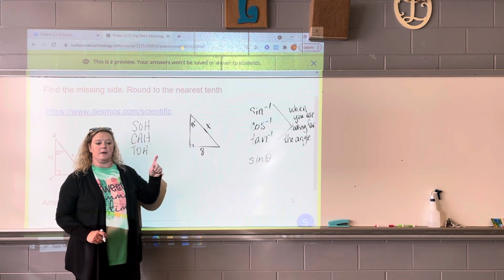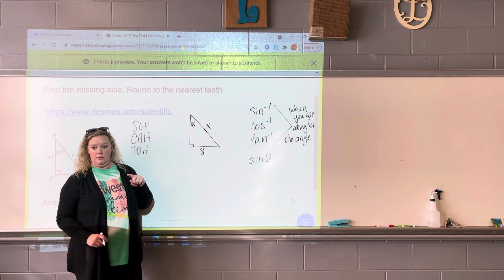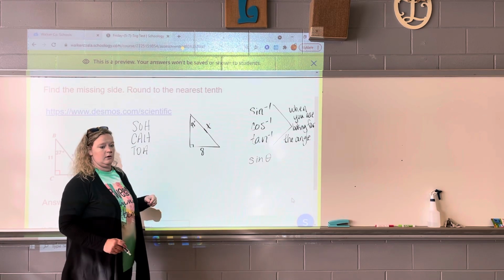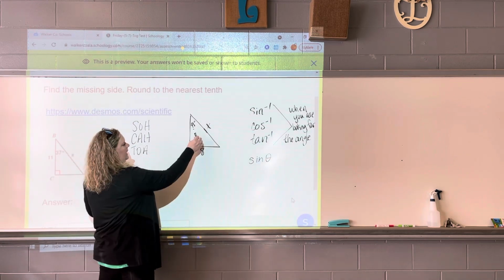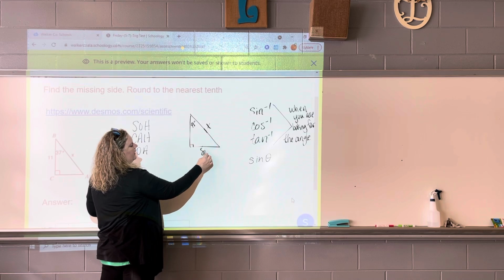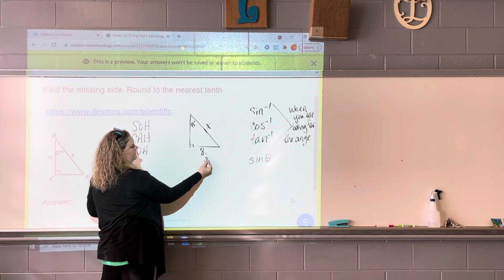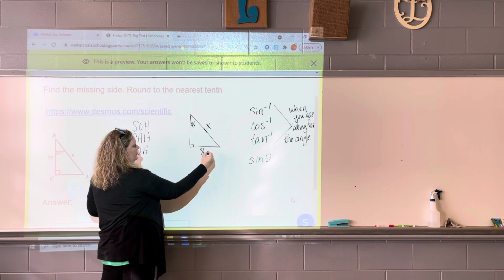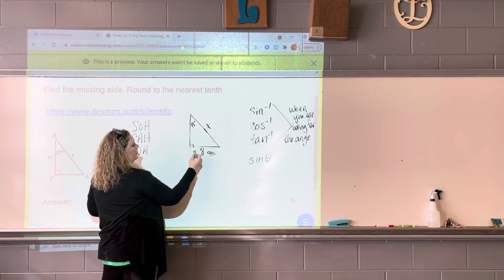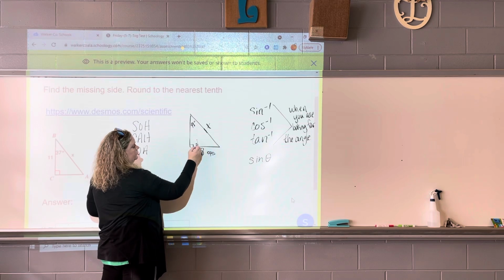So you compare, first step, compare what you know to the angle that you know, or what you need to know. So here's my angle. What do I have? Is that opposite, adjacent, or hypotenuse? Opposite. And then what is this one?